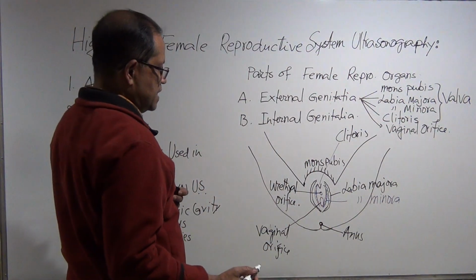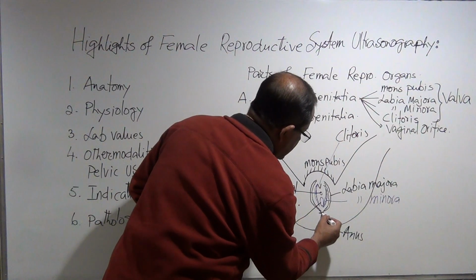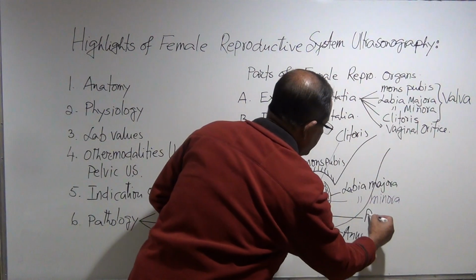This is the anus, and this distance from here to there is known as the perineum.